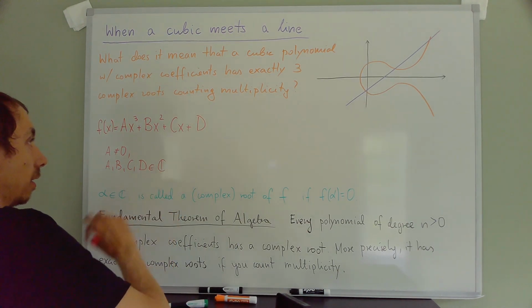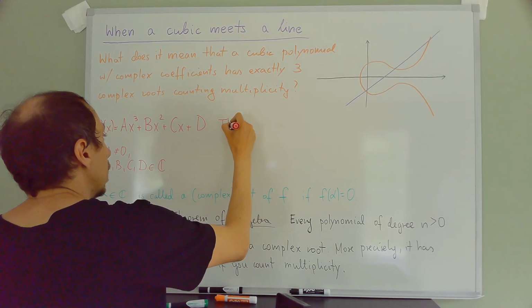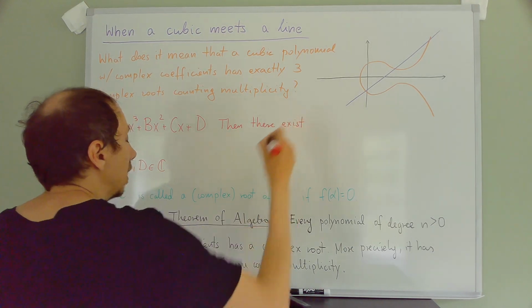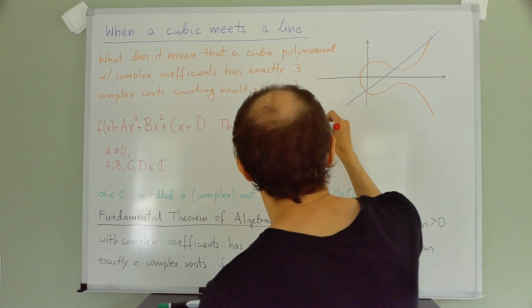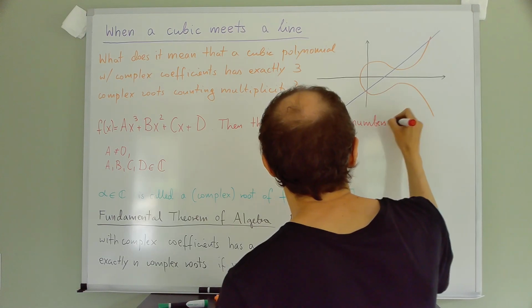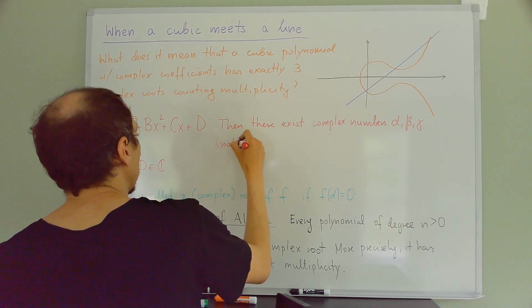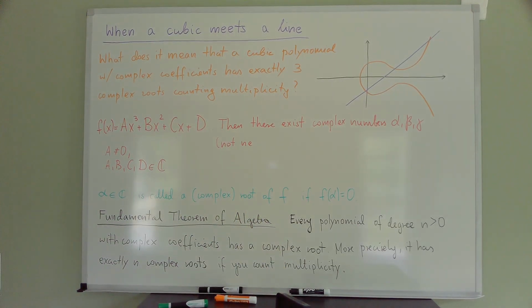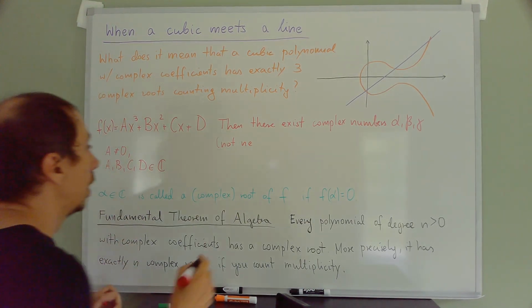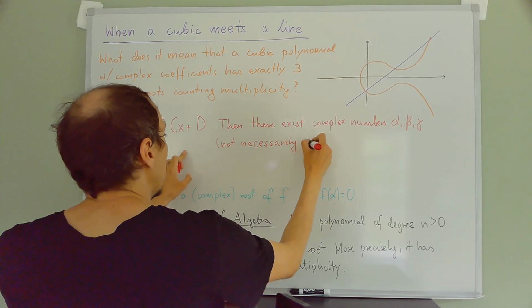So this theorem then tells me there exist complex numbers alpha, beta, gamma, not necessarily distinct.